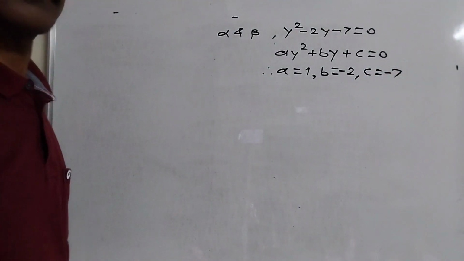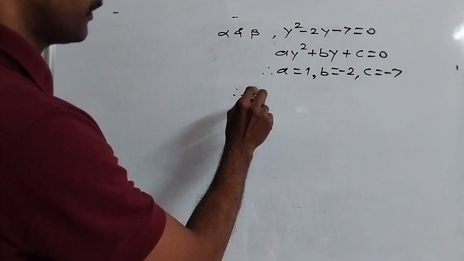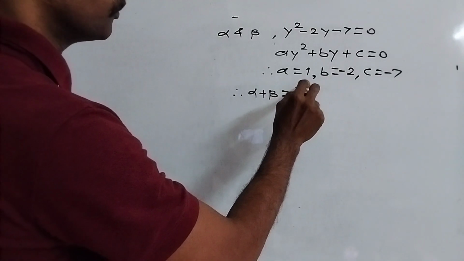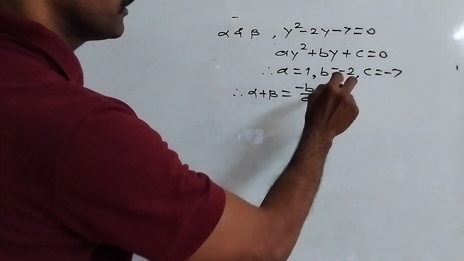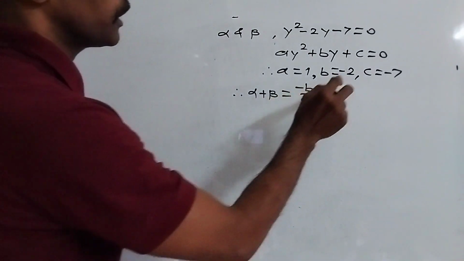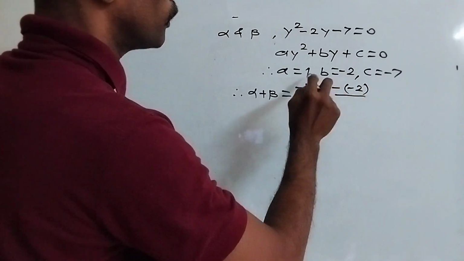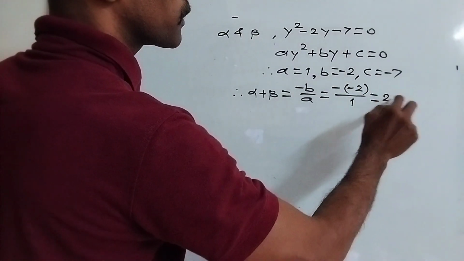Very good. Now therefore alpha plus beta is equal to minus b upon a. Then minus, and the value of b is minus 2, upon 1. Minus into minus, plus.